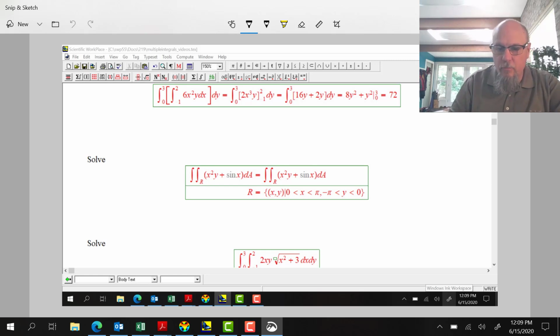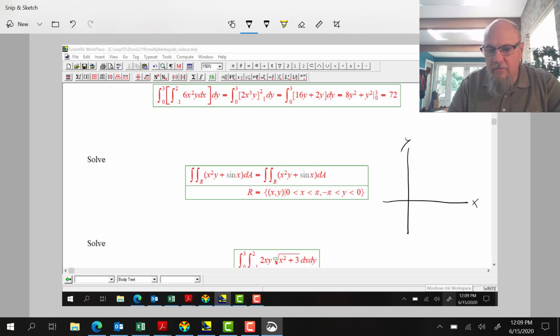So if I'm drawing this region, x goes from 0 to pi. In here, y goes from minus pi to 0. So this is the region that we're talking about. I have two choices here.